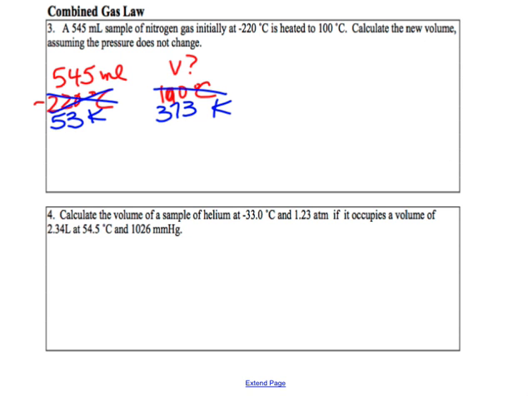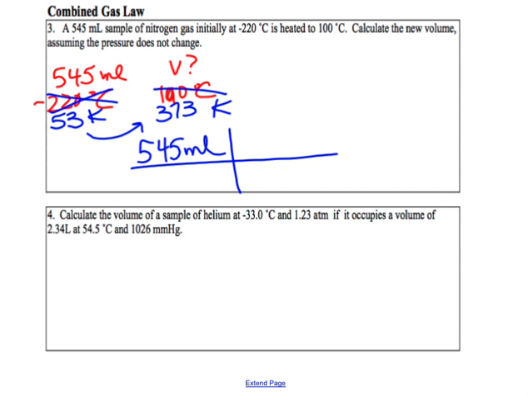We are looking for volume, so we start with volume, 545 mL. What law are we looking at right now? Volume and temperature? TV, Charles's Law. As we go from the beginning conditions to the end conditions, temperature increased. As temperature increased, what's supposed to happen to volume?